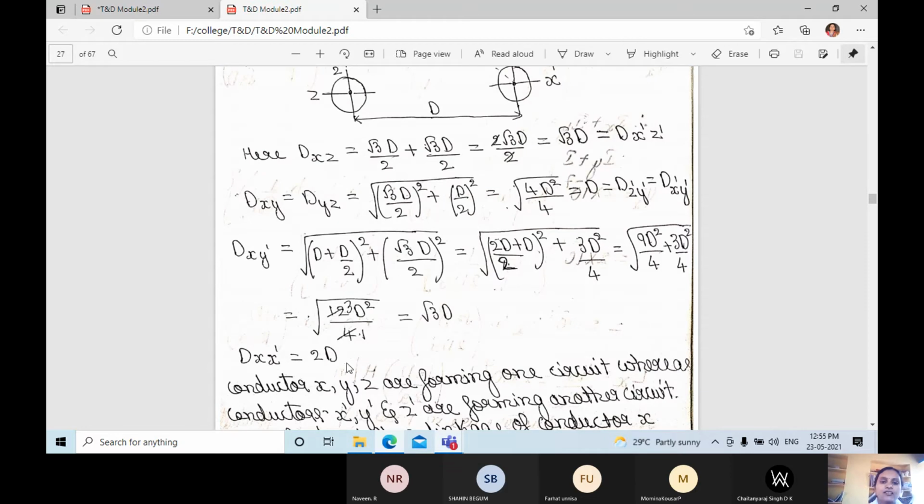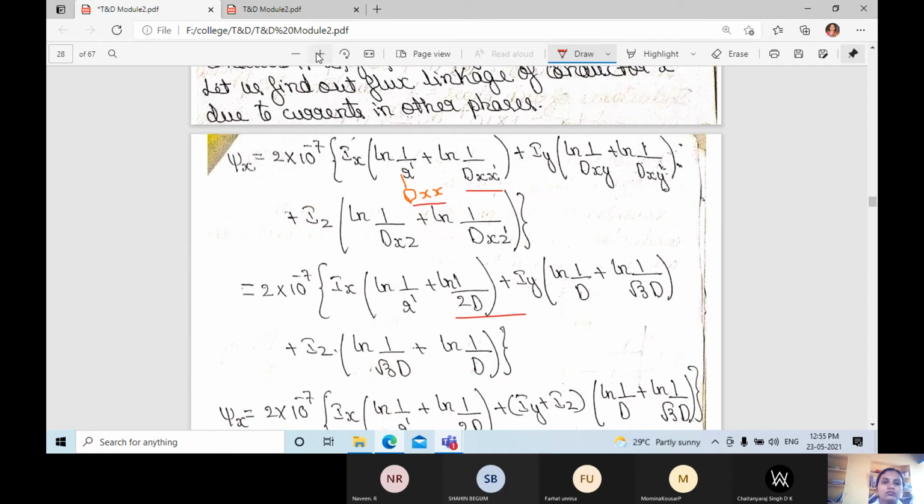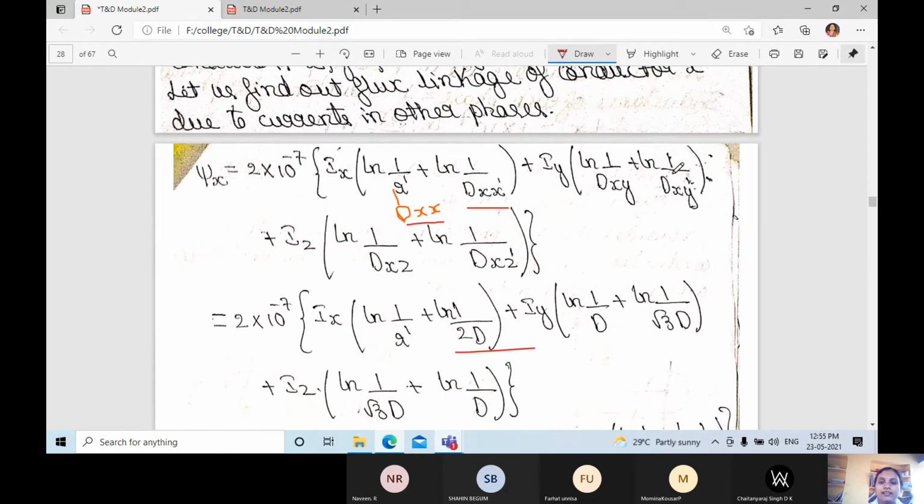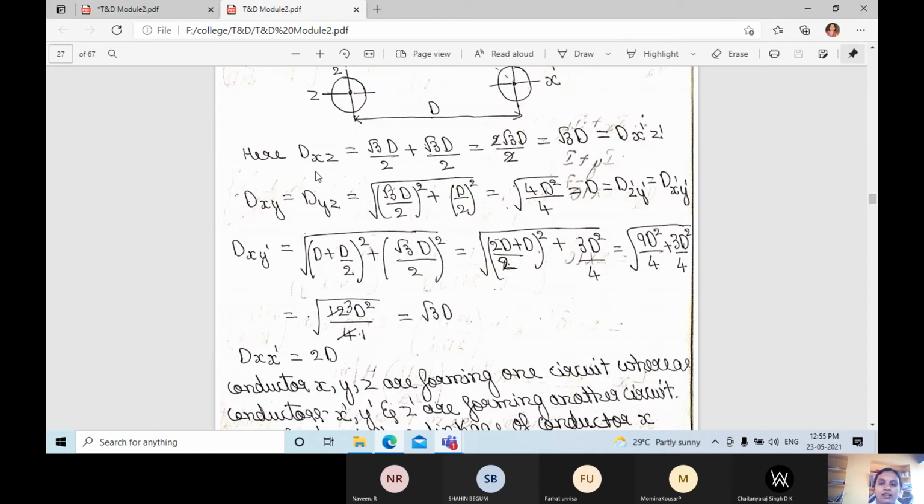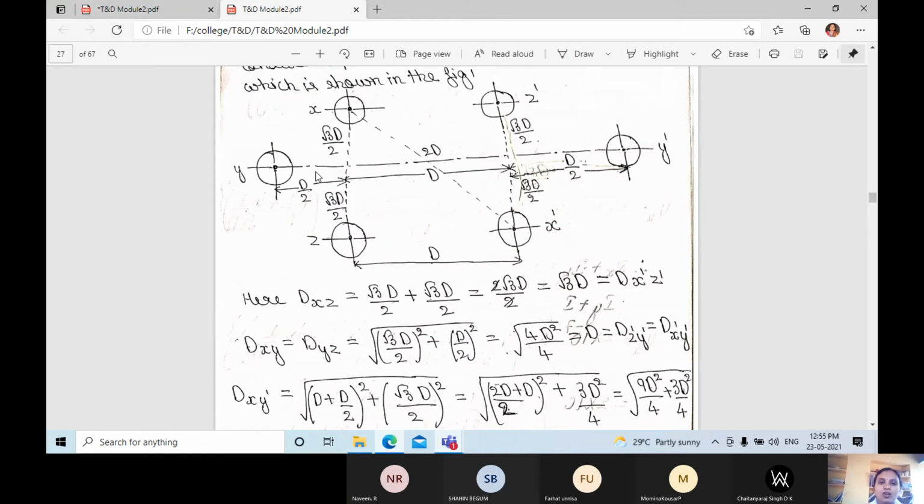Next, dxy distance. You can observe here the distance between x and y we have found out is capital D. We can write that as capital D.